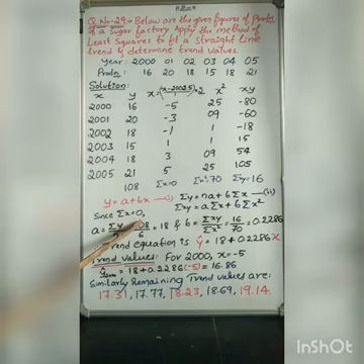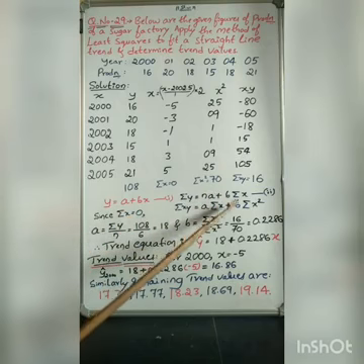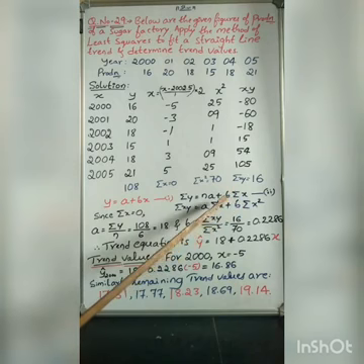in the previous video also we solved the problem along similar lines. Since summation of x equal to 0, what happens? In the first normal equation, the summation of x term is going to be 0. So a is equal to summation of y divided by n.